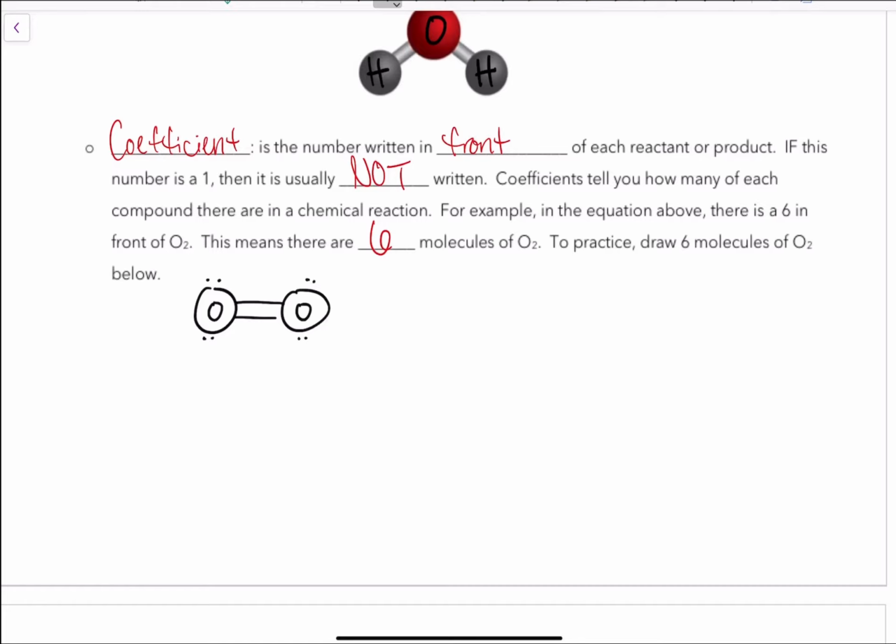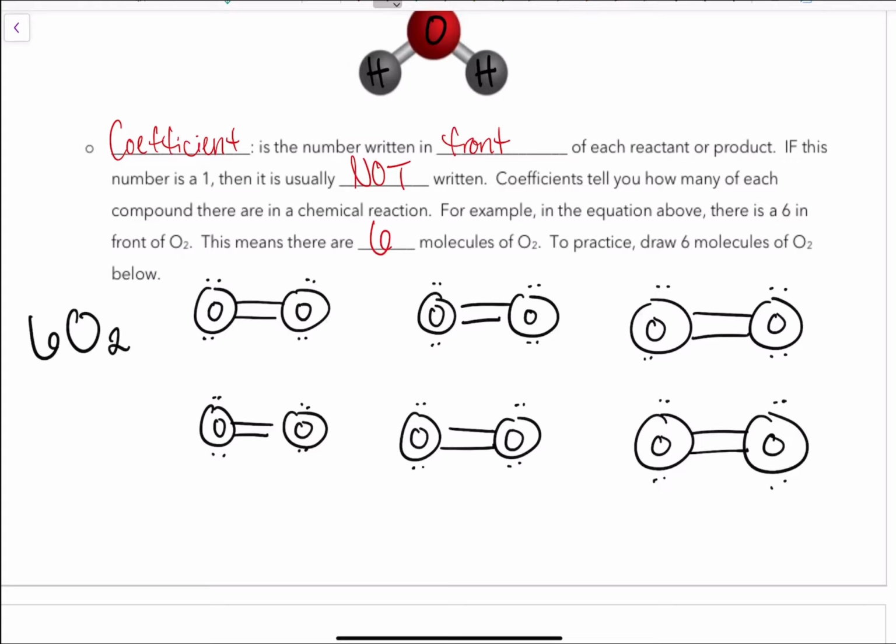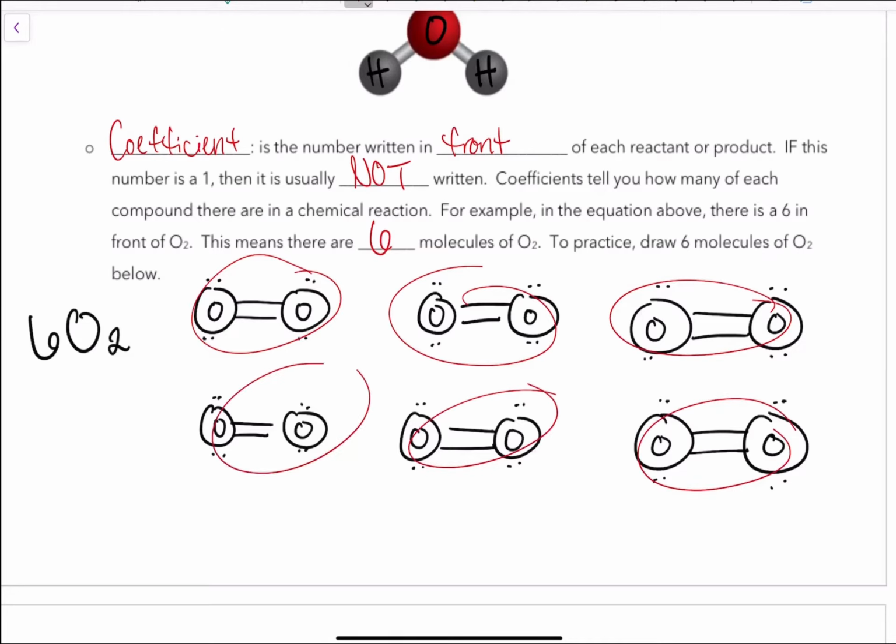If we had the coefficient of 6 O2, that means we would have to have 6 of these, because right now we only have 1. So pause the video and practice drawing 6 of these. Okay, yours should look like this. We have 6 O2 molecules, 1, 2, 3, 4, 5, 6, and that's where we get this coefficient of 6 from.